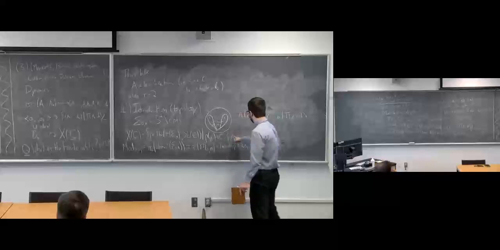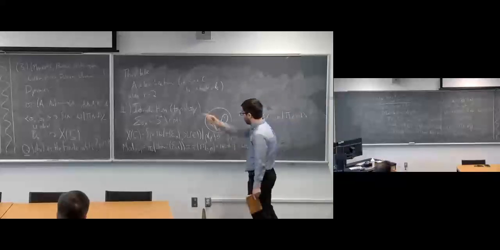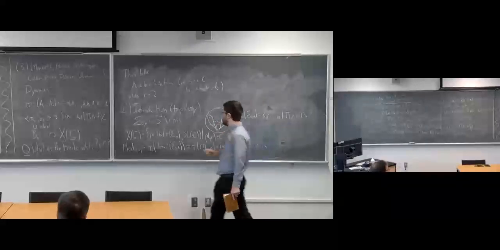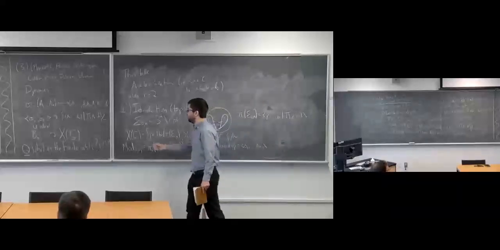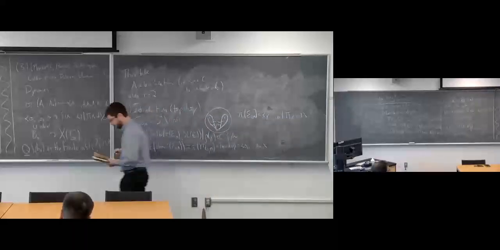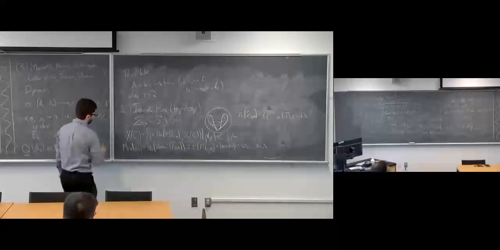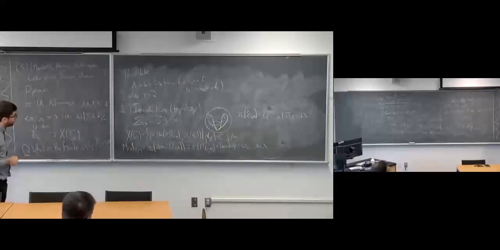I've got to mod out by conjugacy here, which I should have done, I did it over there. That outer action on this group will descend to an honest action on the space of representations up to conjugacy. Okay. So we want to study the finite orbits of this very canonical action.